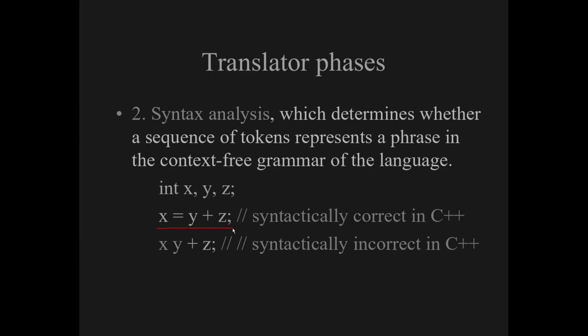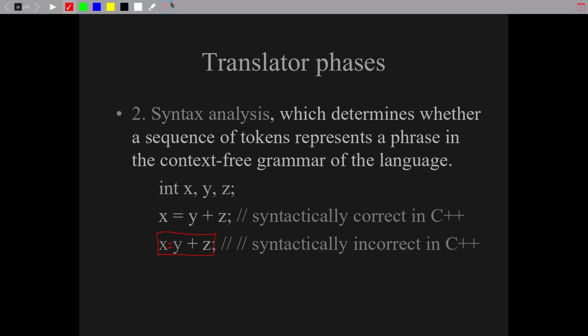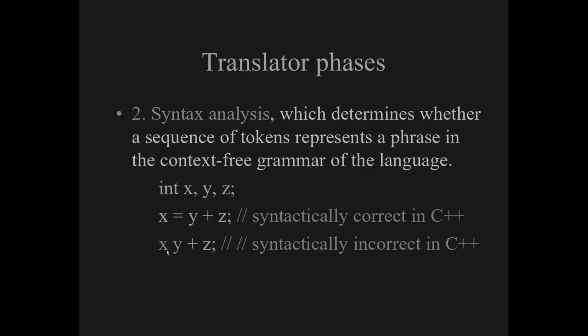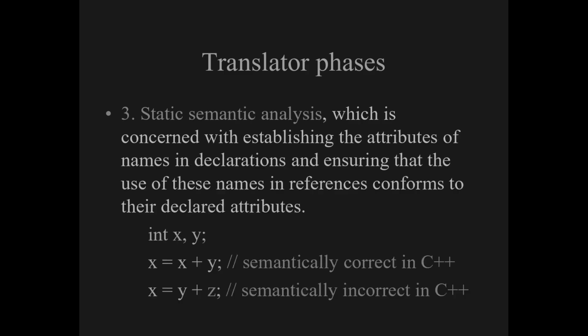Also, this assignment statement is valid because it has the correct syntax. You have an identifier, then the equals, and then some expression, and then the semicolon. Finally, you have this thing which is not syntactically valid because there's supposed to be some operator here. Usually, we would want the equal sign. So because that's missing and you have an identifier followed by another identifier, that doesn't really make sense in the grammar of the language, and so it's considered syntactically incorrect.